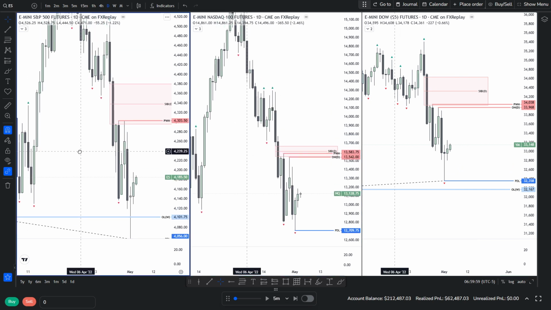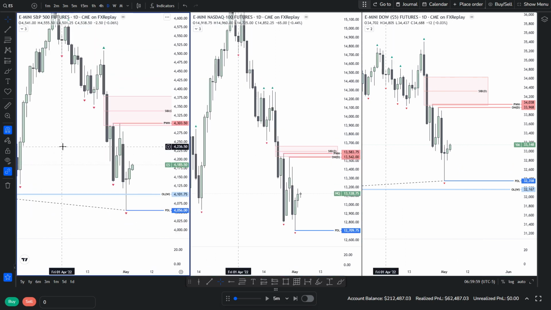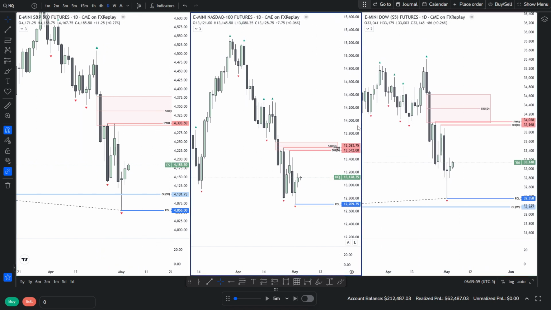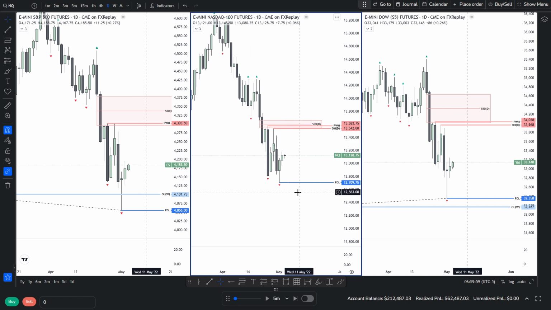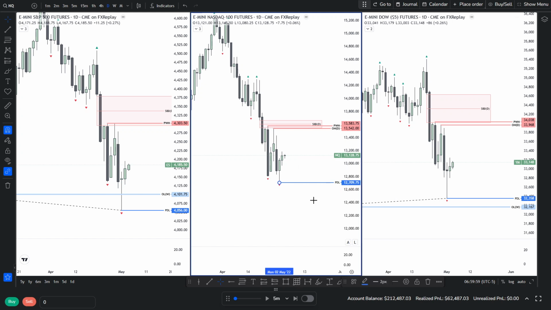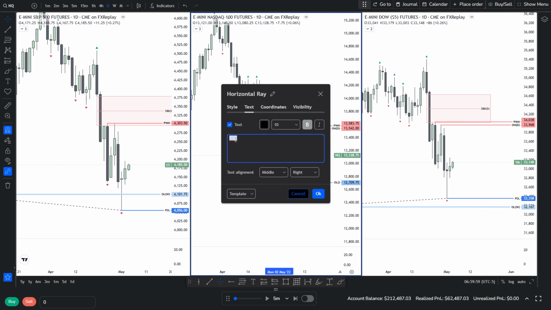Okay, so let's have a look and see if there's any key PD arrays that we need to add. Okay, so well, this here we can change that to the old low daily. Okay, so we can change that.